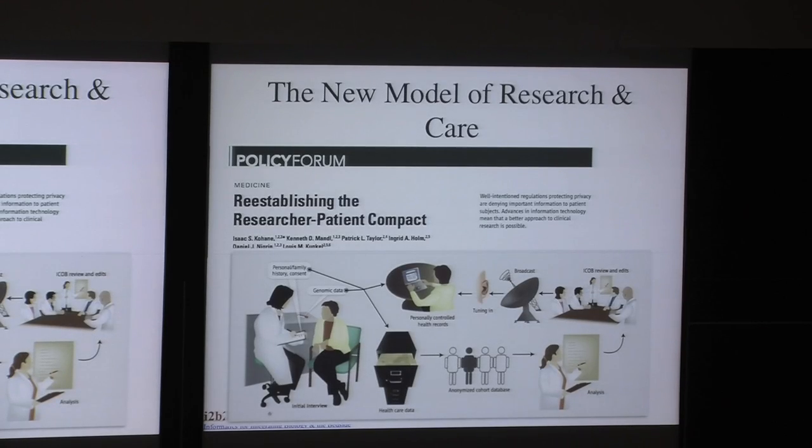And in order to address this, I was thinking about this long ago, and I wrote a policy piece in Science in 2007, where I talked about how to use healthcare systems to actually start doing research, allowing research to be factored into clinical care and vice versa. Because I believe, and this is very controversial, that when we learn something about patients in research, we have to be able to translate it into care.